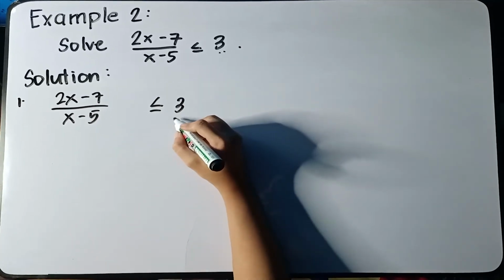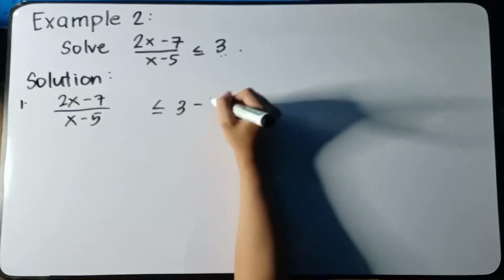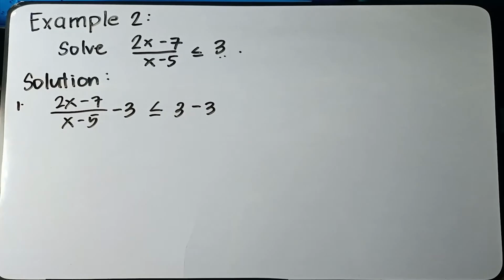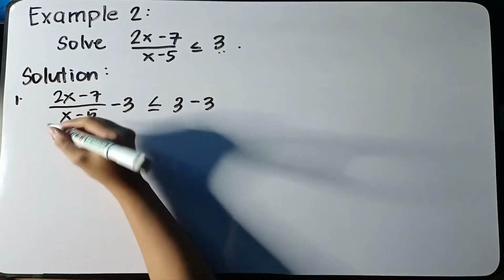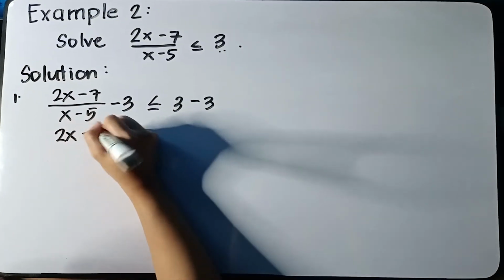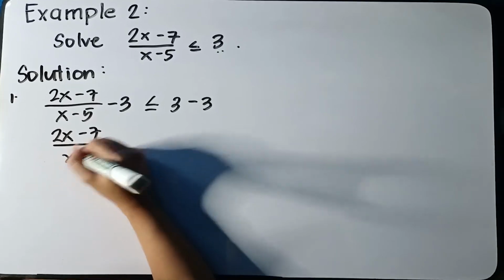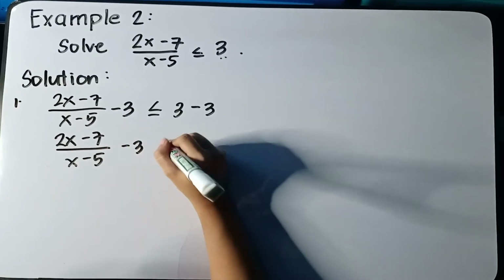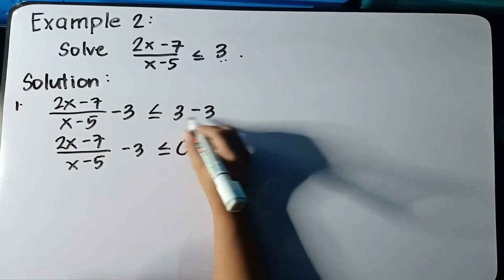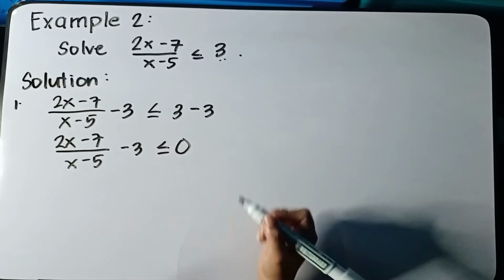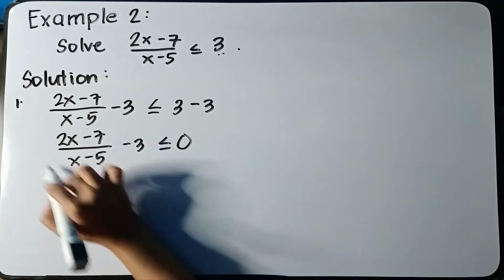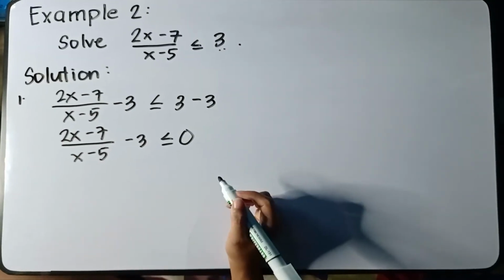To make this 0, we need to subtract 3 from both sides of the inequality. So, now we have (2x minus 7) over (x minus 5) minus 3 less than or equal to 3 minus 3, which is 0. Now get the LCD to simplify this rational inequality.